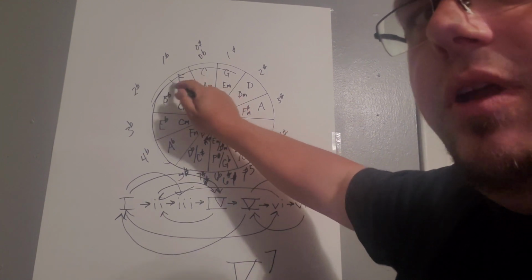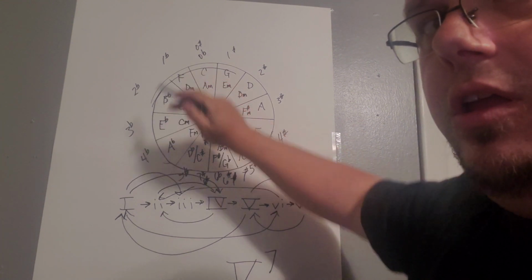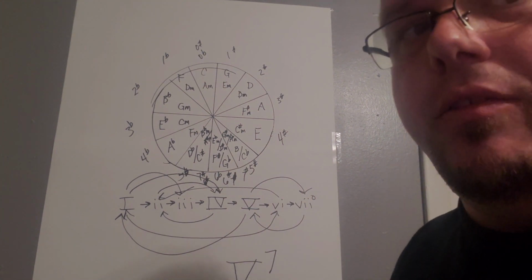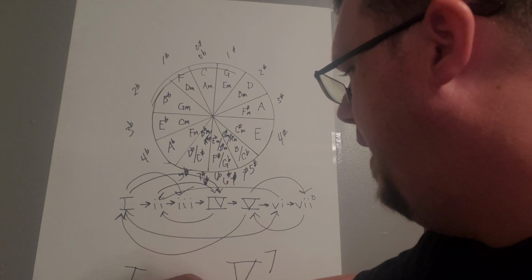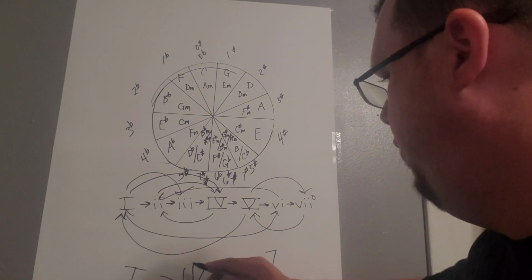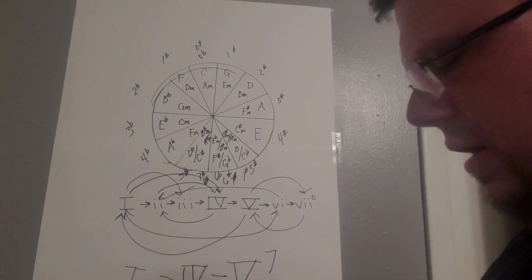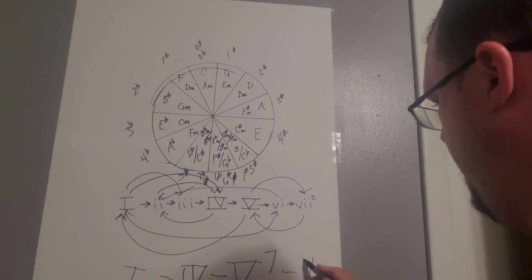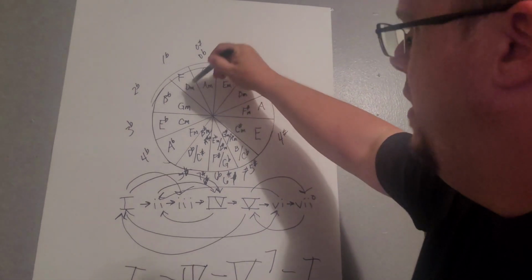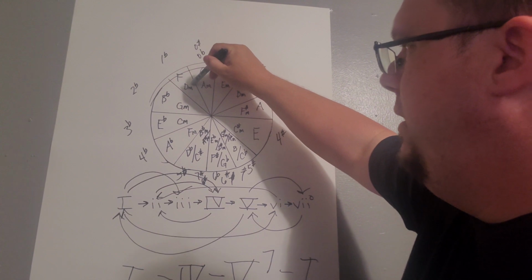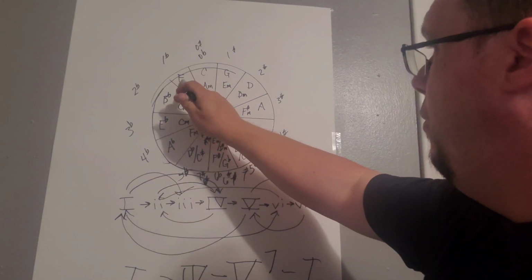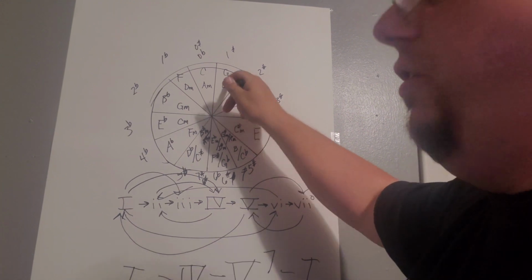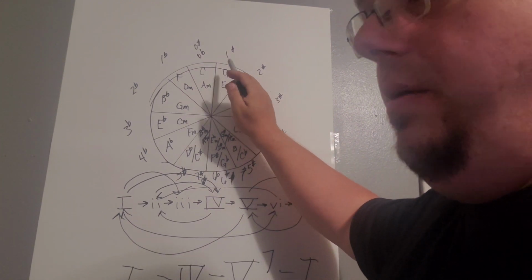Immediately, you can go straight to F major. You can treat those as basically the same chord. We're just talking about a basic 1, 4, 5 progression here, basically. Back to 1. So you can go back and forth between the 2 and 4, and from the 2 and 4, you can go to the 5, which in this case is G major.